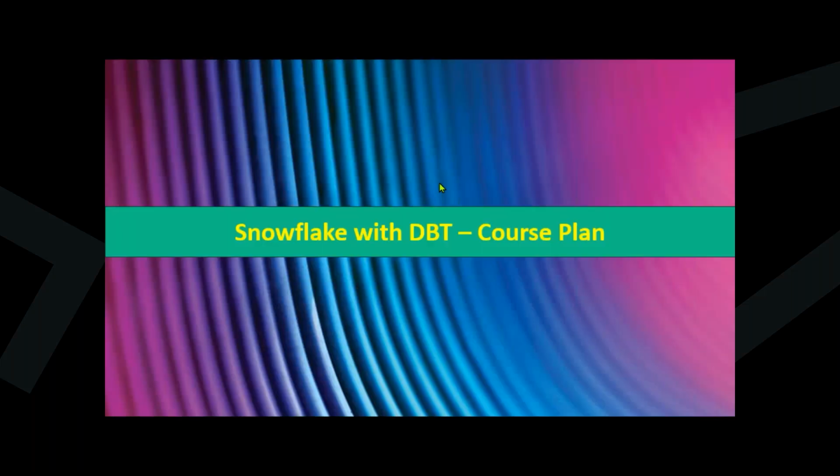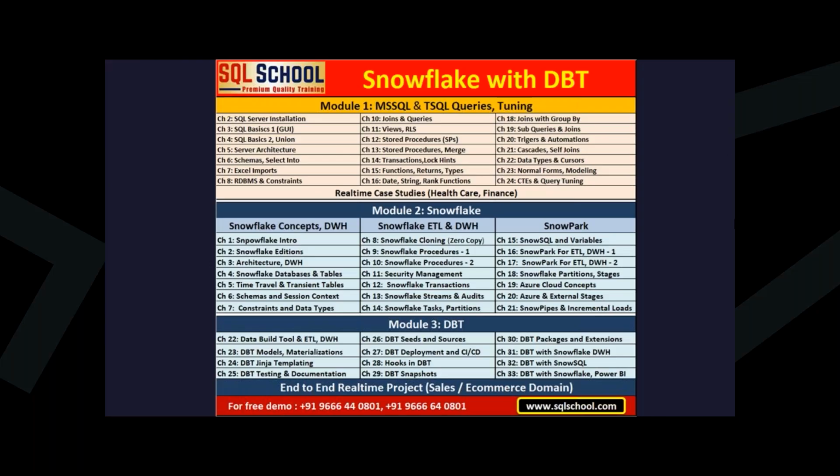In our classes of Snowflake with DBT, we will be learning module 1: Microsoft or any SQL. Any SQL is okay, Microsoft or Oracle, any one SQL with queries and query tuning concepts.